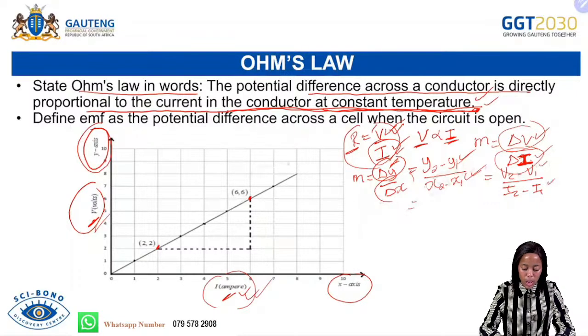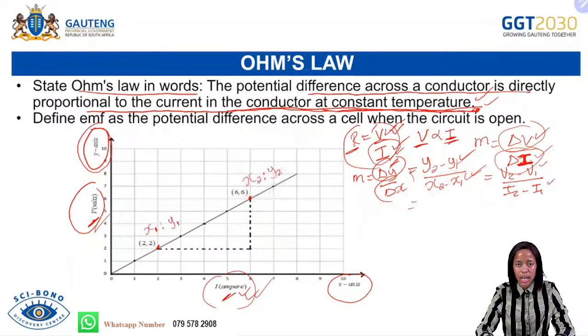From your graph, whatever we have here represents our x2 and our y2, and the first point represents our x1 and our y1. So y2 represents the y-axis value there on the graph.